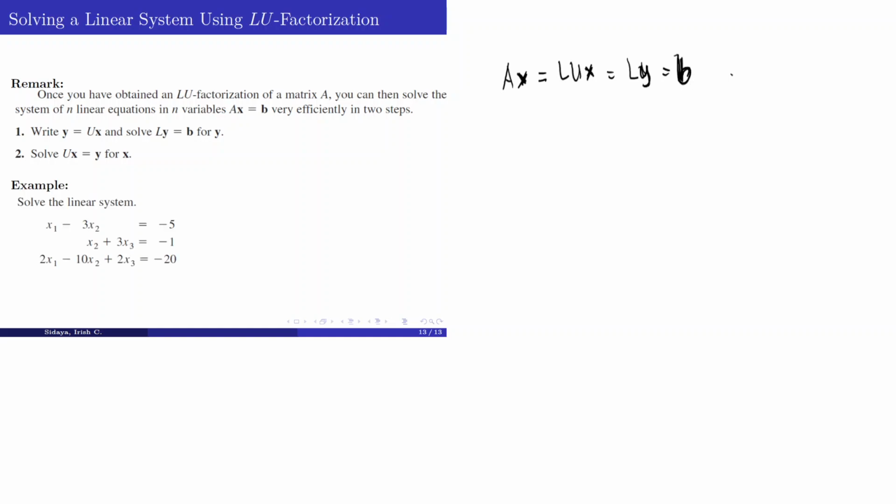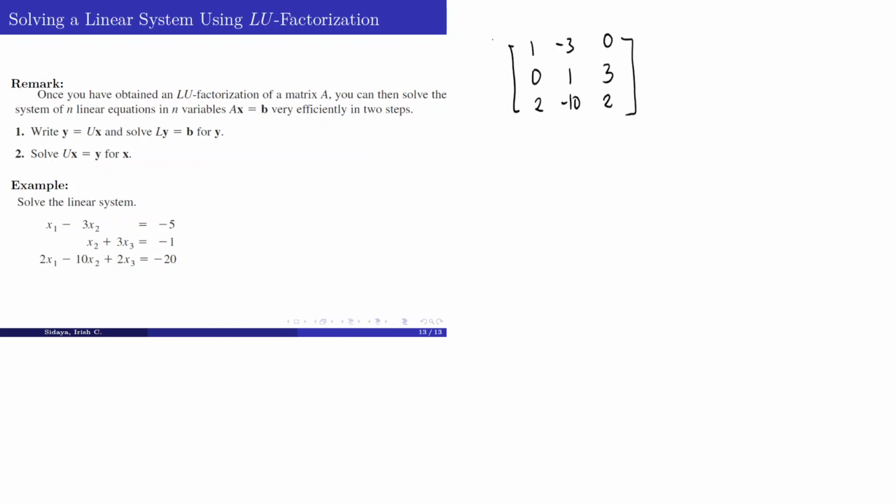So for example, we solve this linear system. The coefficient matrix of the given linear system is [1 -3 0; 0 1 3; 2 -10 2].